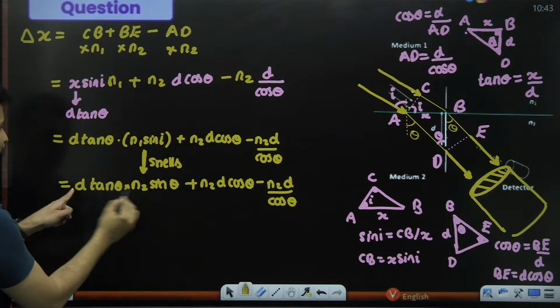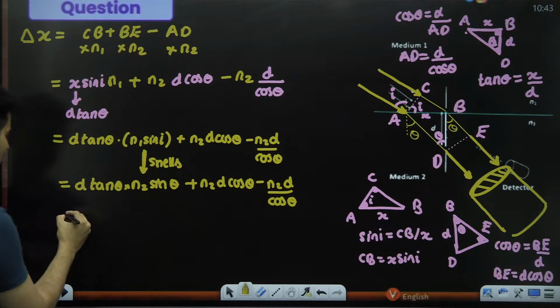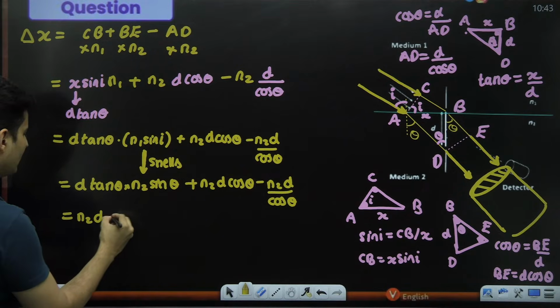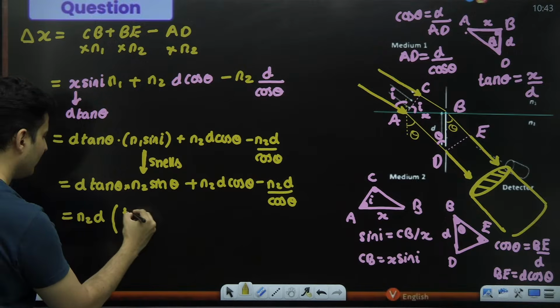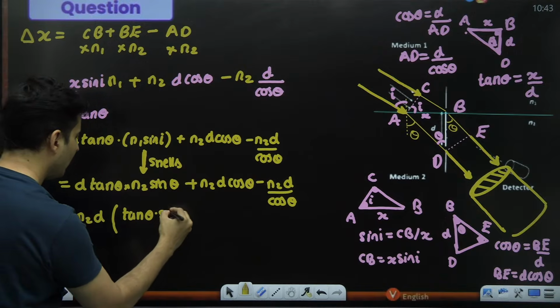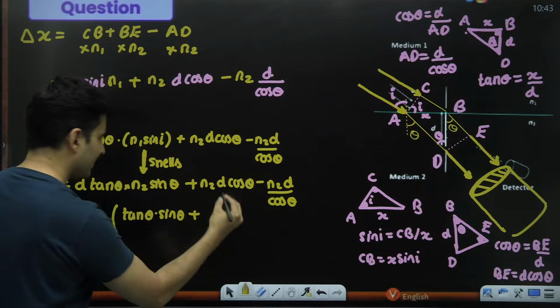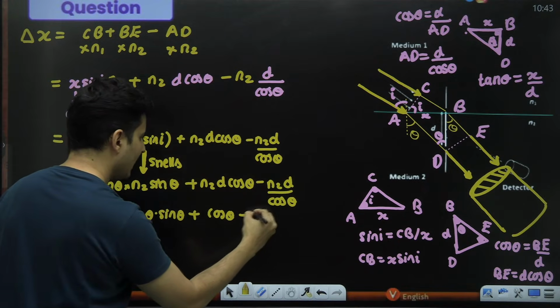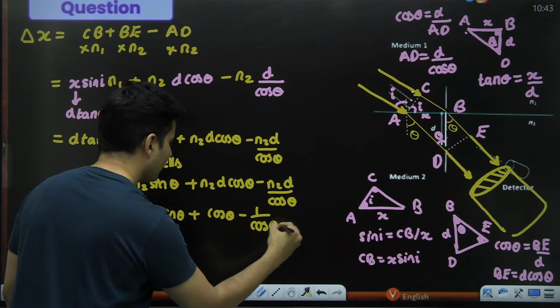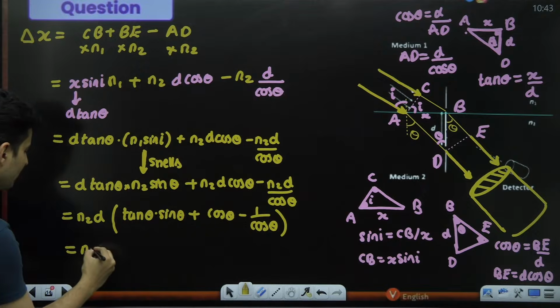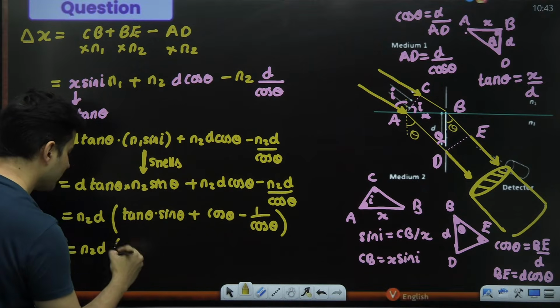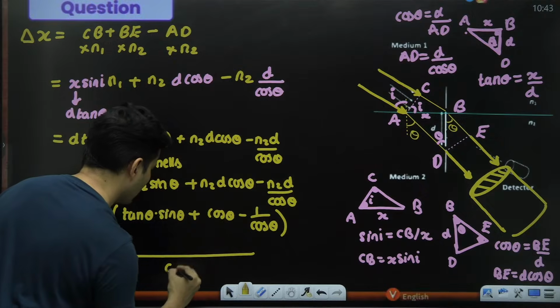So I can see n2 and d as common. Let me take n2 and d as common. So I'm left with tan theta multiplied by sine theta plus cos theta minus 1 by cos of theta. Okay, so what will this be? N2d, I can take cos theta in the denominator as common.